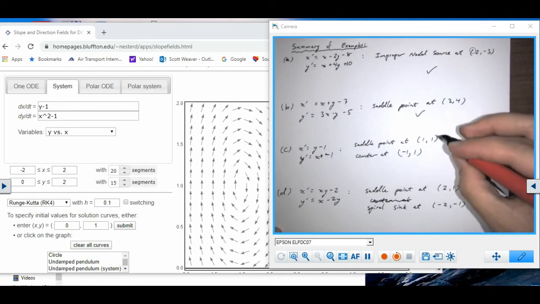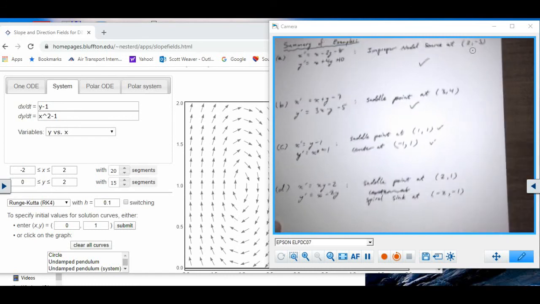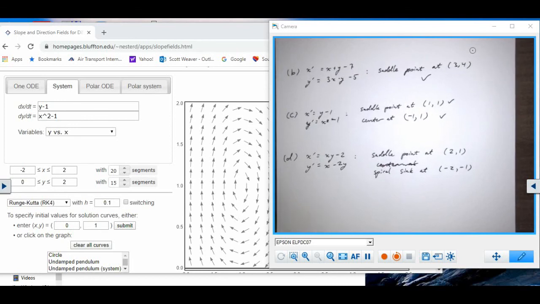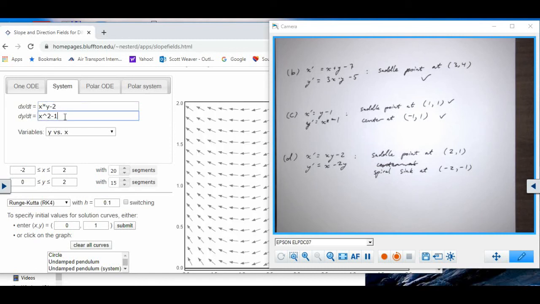And then the last one we're going to look at is the one that was D, where we had an x prime of x times y minus 2 and a y prime that was x minus 2y.